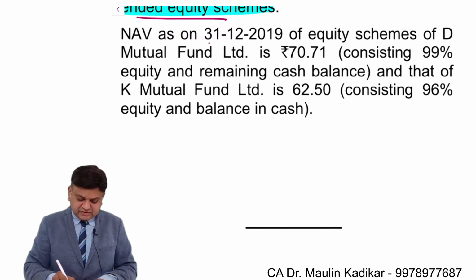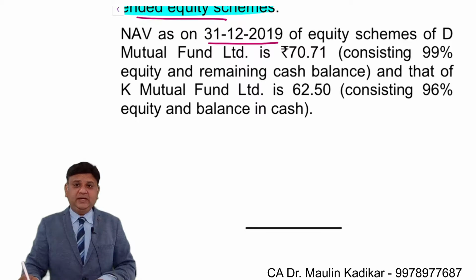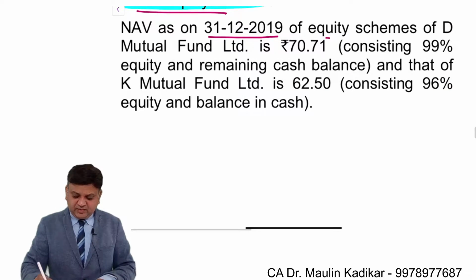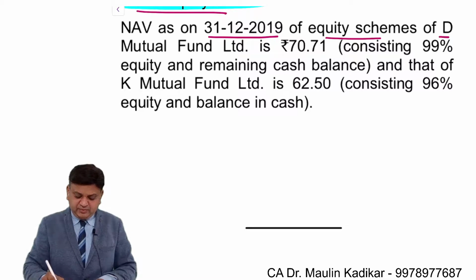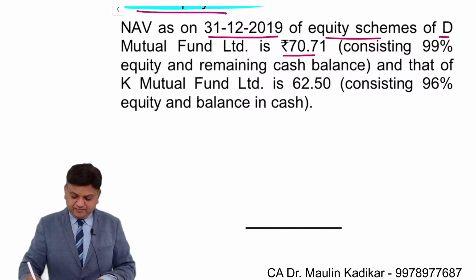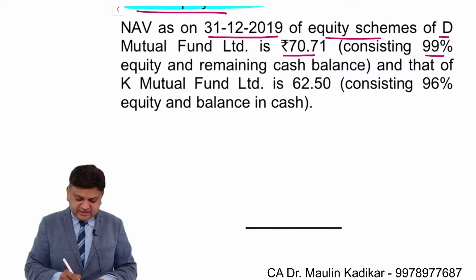On 31st of December 2019, the net asset value of the equity scheme of D Mutual Fund is 70 rupees 71 paise, consisting of 99% equity and the remaining cash balance.